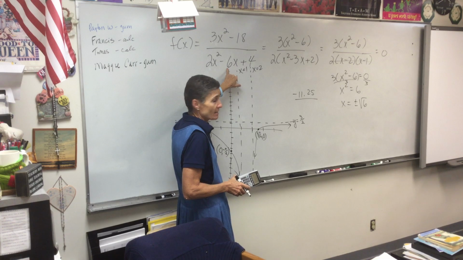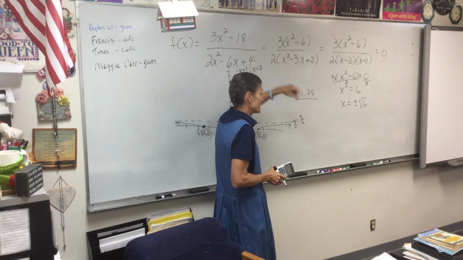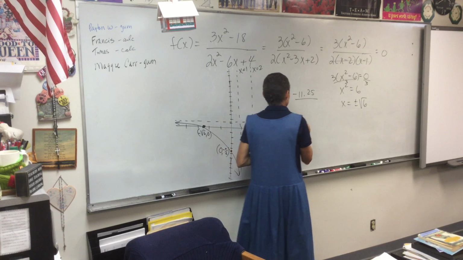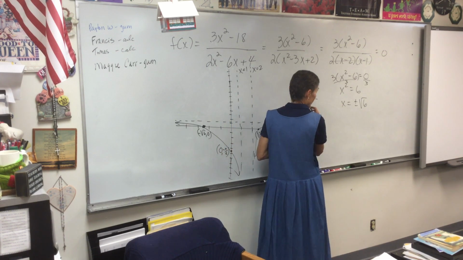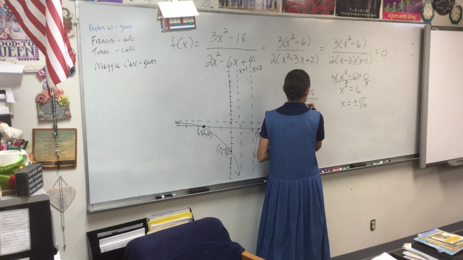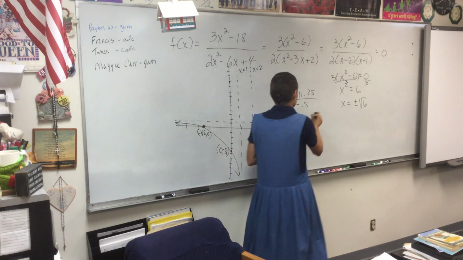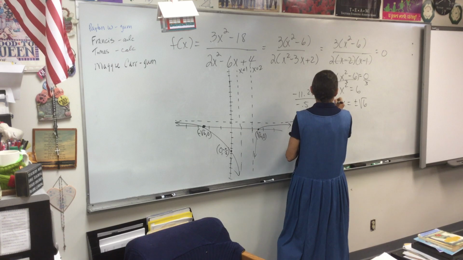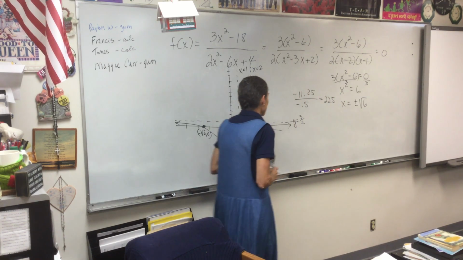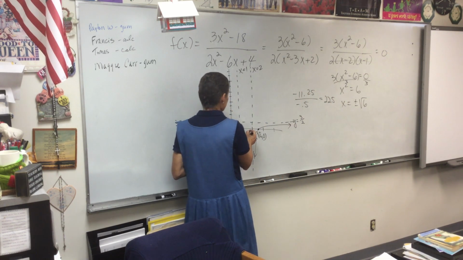Minus 6 times 1.5 plus 4 equals. Negative 0.5. So when you divide that by that, you get 22.5.